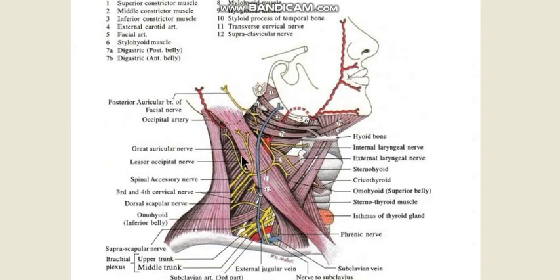Now let us take a look at this diagram. Here in the occipital triangle you can see the floor, the semispinalis capitis, splenius capitis, levator scapulae, scalenus posterior, scalenus medius.